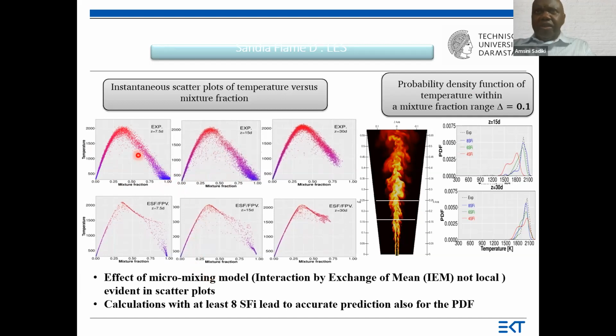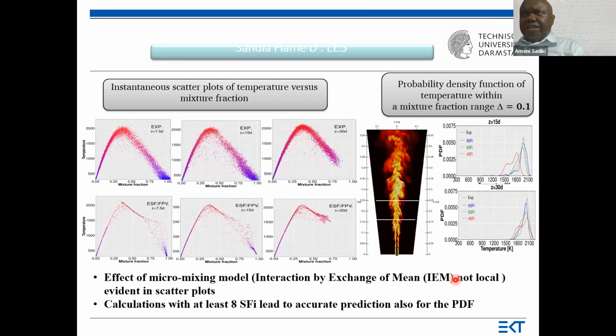Here is the experimental data, excuse me, and here we use our stochastic field, and we get almost the same results, and it is very nice. Here we use as a micro mixing model the interaction by exchange with the mean, which is not local, and we got very good agreement with experimental data, using at least 8 stochastic fields with LES.